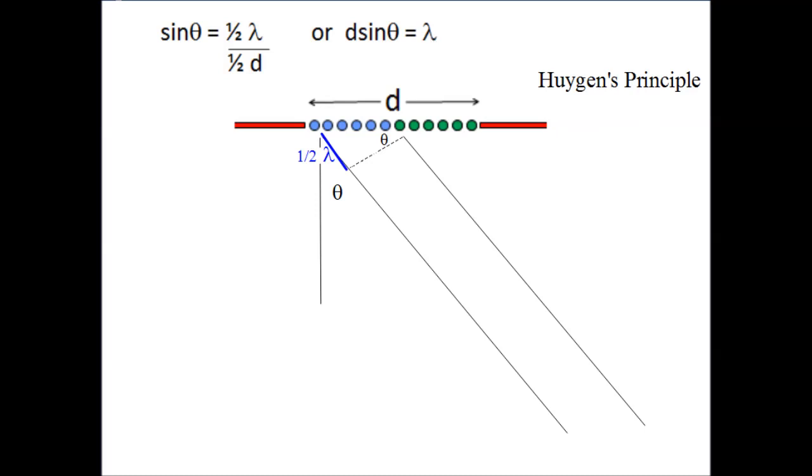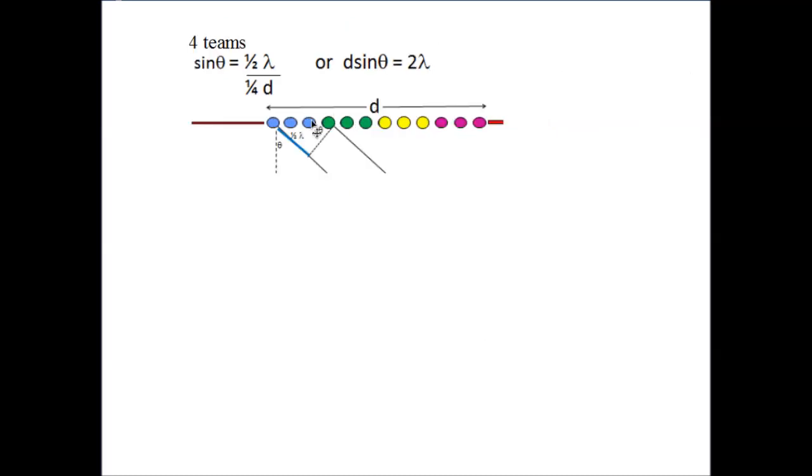And then we went on from that to dividing it into 4 teams, and we saw that now your sine theta is going to be again 1/2 lambda, but that this distance is going to be 1/4 d away, and so you ended up with this result.